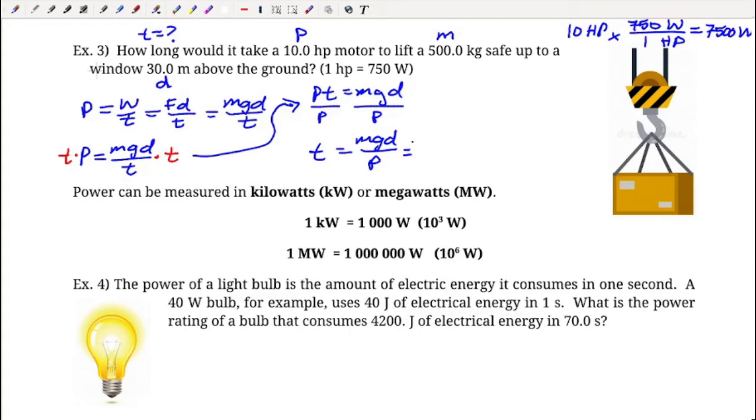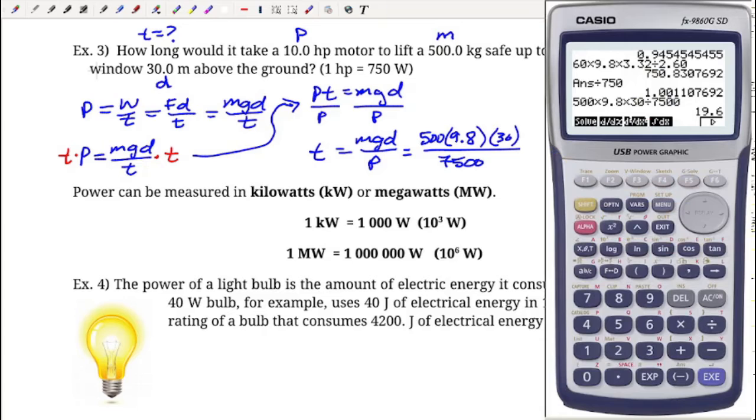So we're going to plug in those numbers then. So mass, again, 500, g 9.8, distance 30, and power 7,500. Pull out your calculator, plug that all in, see what you get. So in my calculator, I've got a final answer of 19.6 seconds.